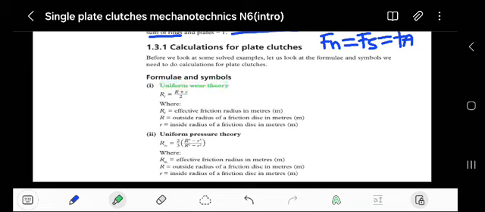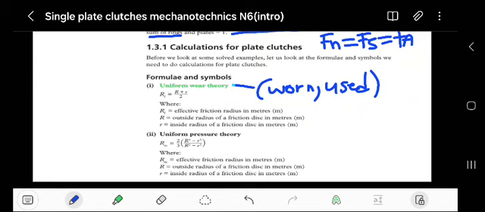As you can see, the uniform wear theory is associated with used clutches, second-hand clutches. It's only when you buy a second-hand clutch that we use the uniform wear theory to calculate what we want to calculate.